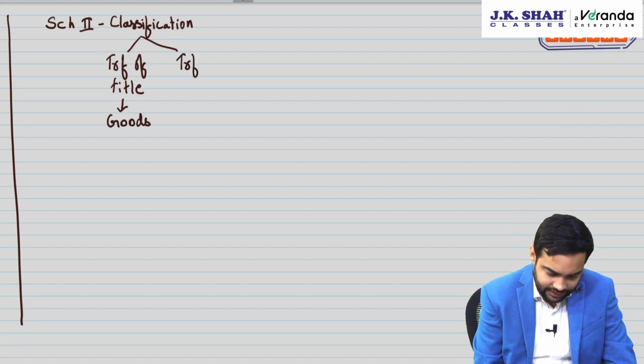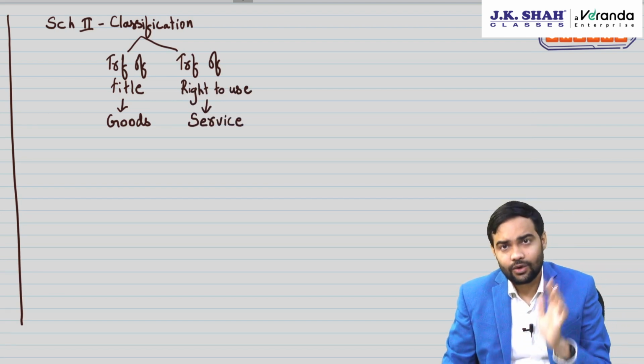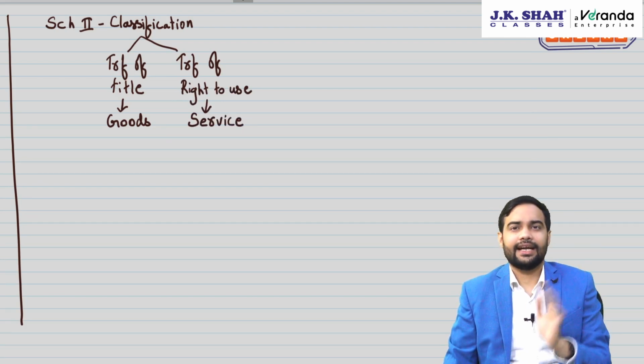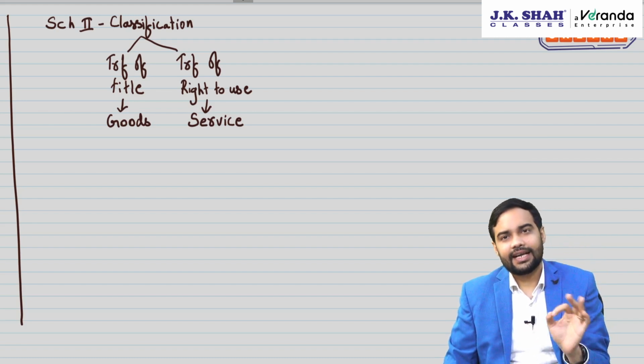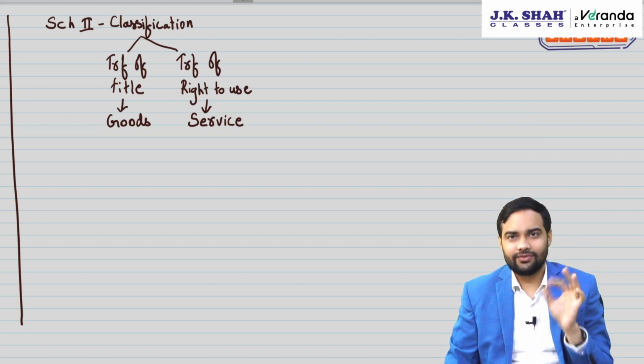Whenever there is a transfer of right to use, it will be regarded as a supply of service. Title, ownership getting transferred, it is a supply of goods. Right to use being given, it will be regarded as a supply of service.